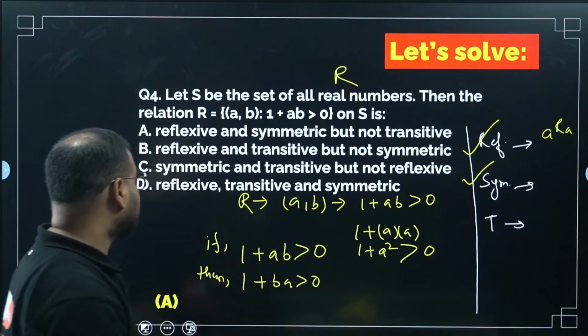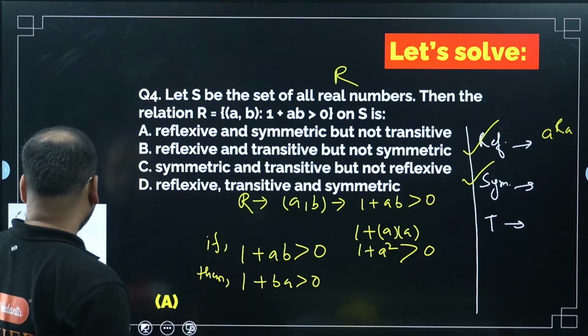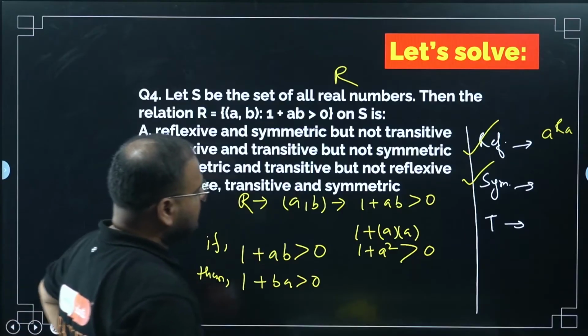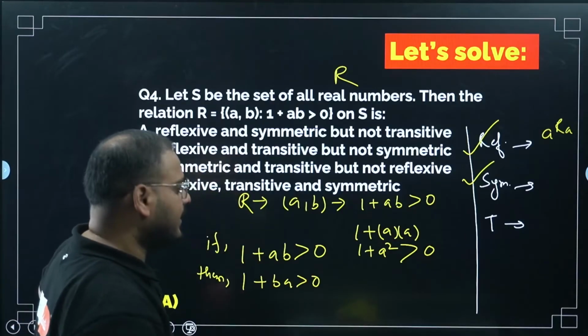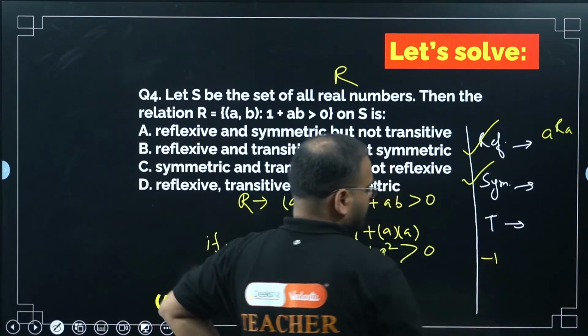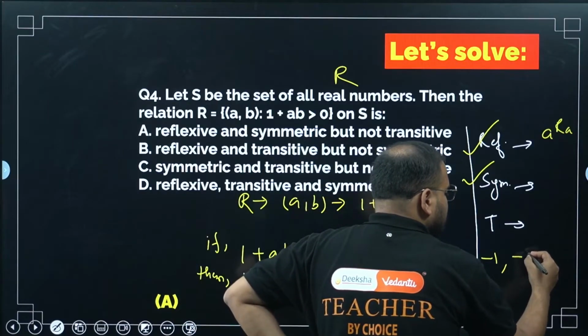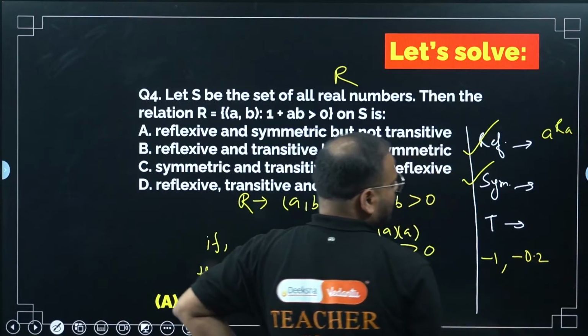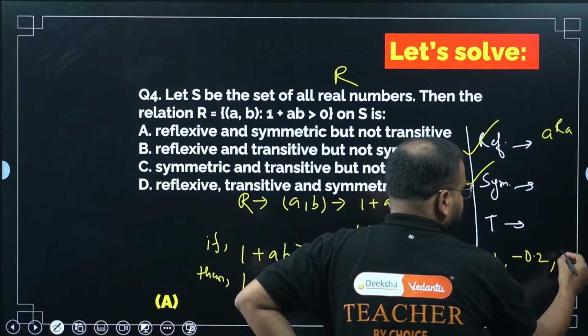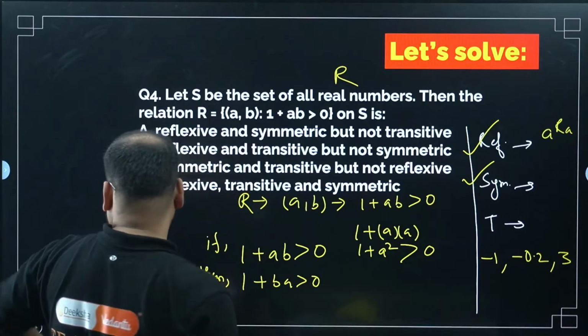Okay, what about transitive, sir? Okay, let's take some example for transitive. Let's take 3 elements: minus 1, minus 0.2 and 3. Now check the relation.